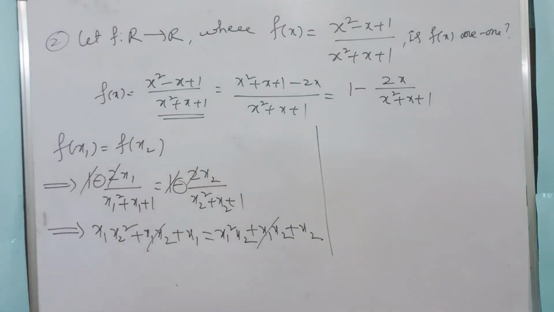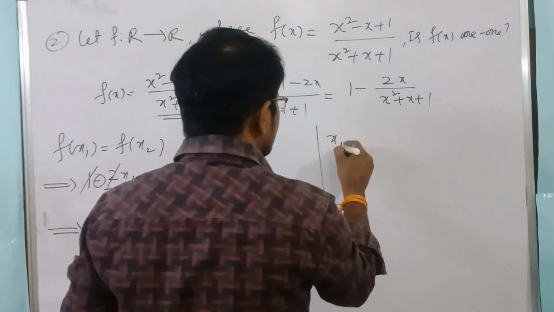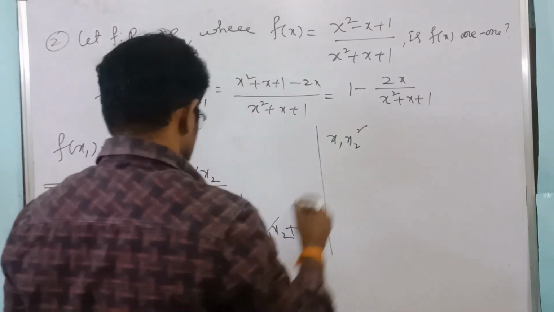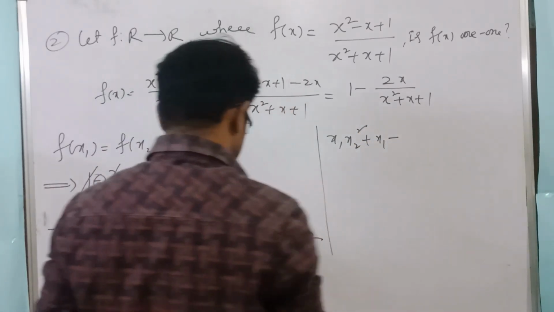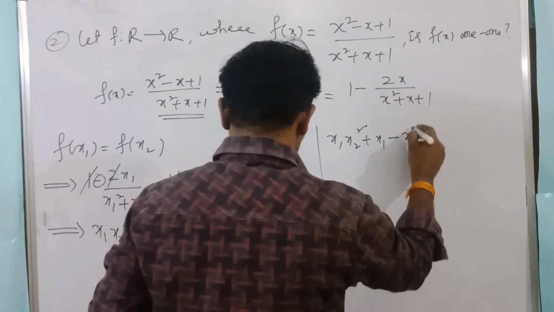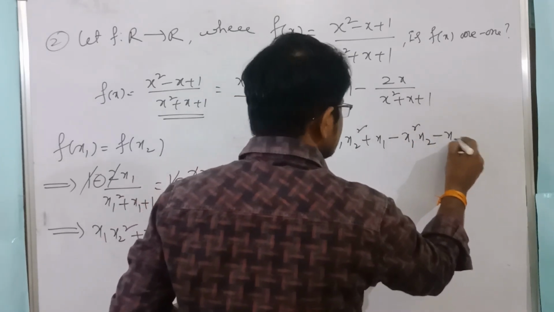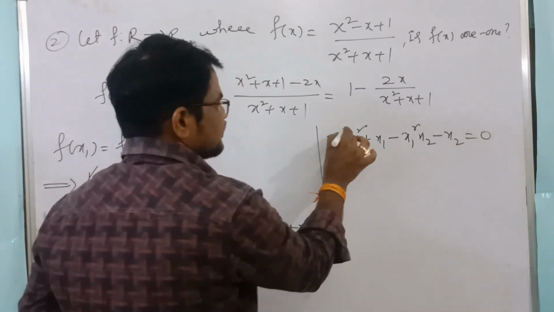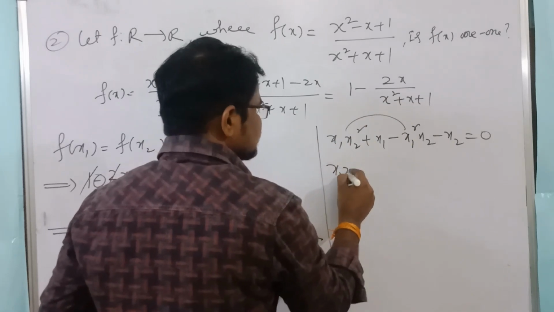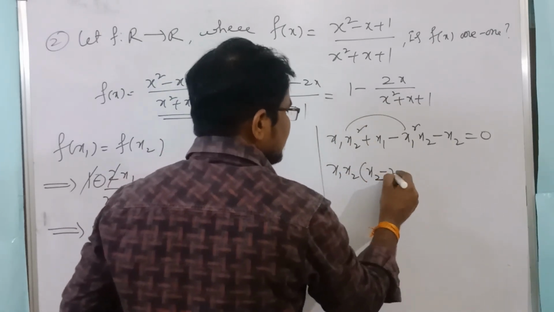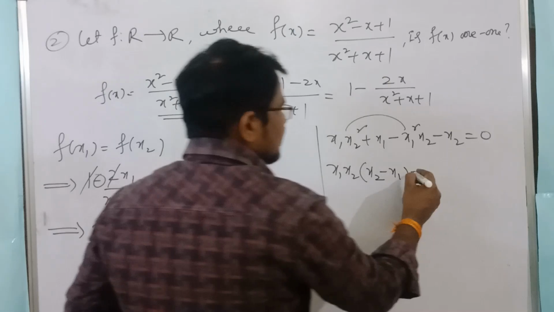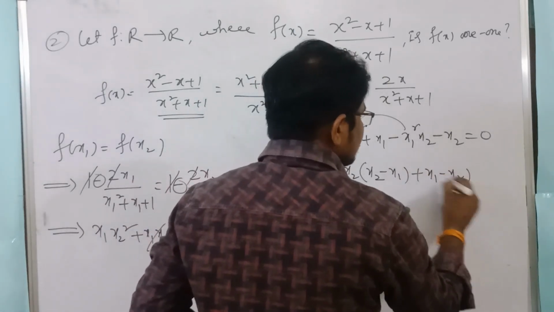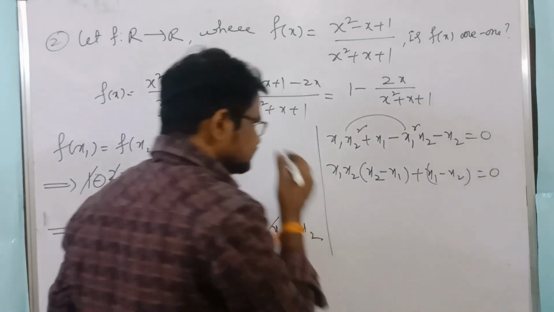Now for the remaining, x1 x2 square plus x1, bring this side, minus x1 square x2 minus x2 equal to 0. From these two, x1 x2 common, x2 minus x1 remaining, plus x1 minus x2 equal to 0.